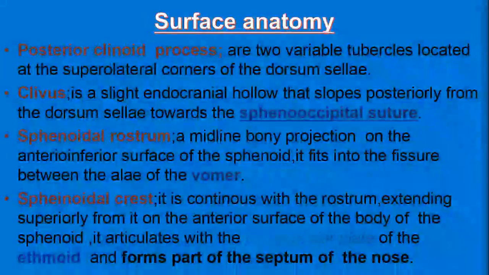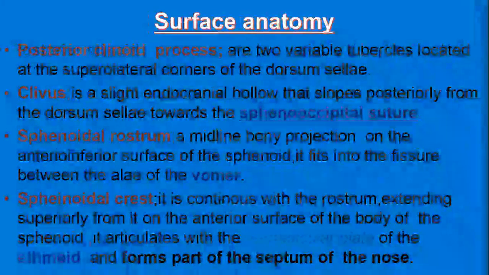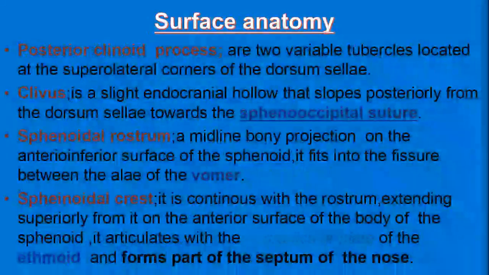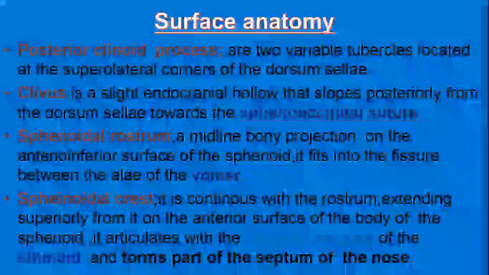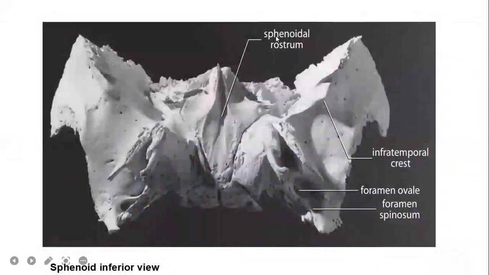The sphenoidal crest is continuous with the rostrum, extending superiorly from it on the anterior surface of the body of the sphenoid, and it articulates with the perpendicular plate of the ethmoid and forms part of the septum of the nose. So the sphenoidal rostrum, right there.